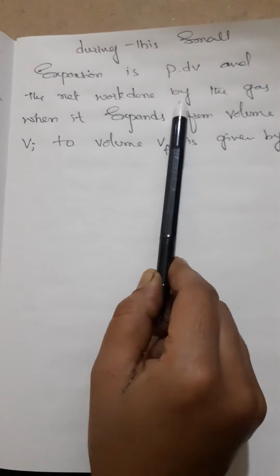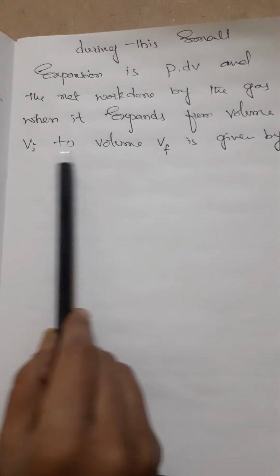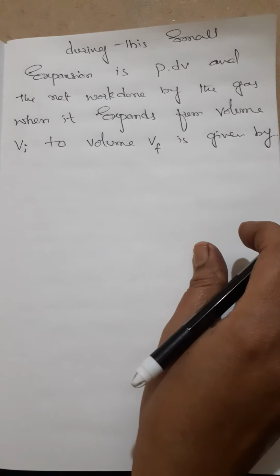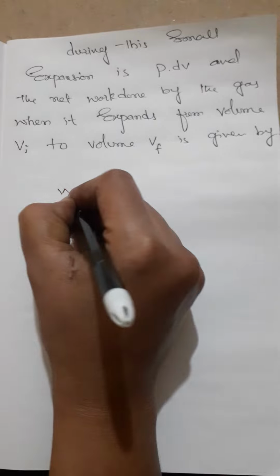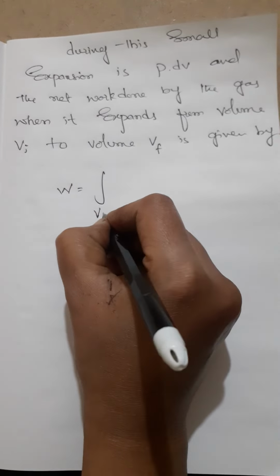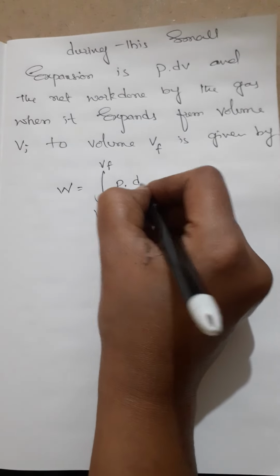The net work done by the gas when it expands from volume Vi to volume Vf is obtained by integrating, as whenever you calculate the whole work done, you have to integrate. So total work done is W equal to the integral from Vi to Vf of P dV.